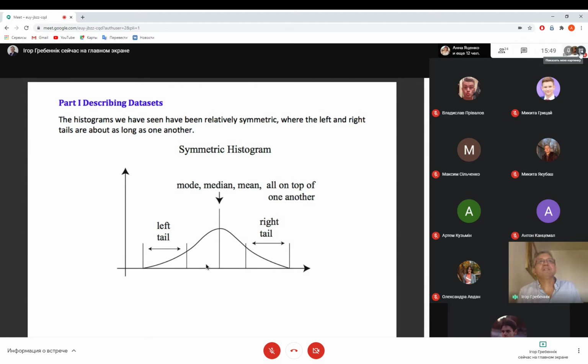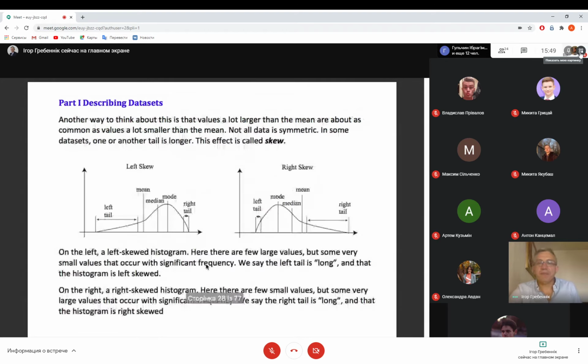We have this symmetry based on natural reasons. But sometimes we have no symmetry in the dataset histogram.